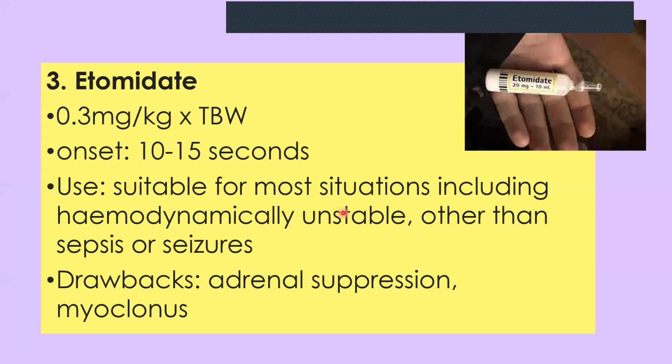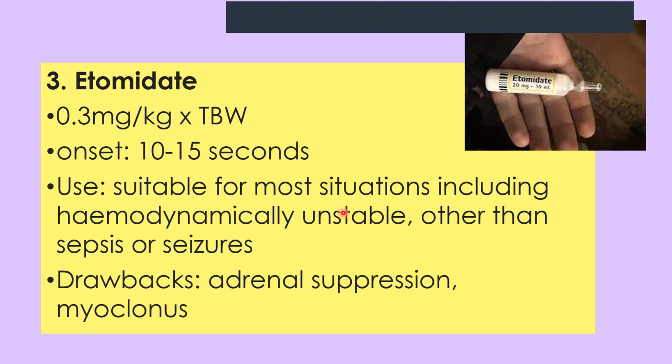You need etomidate for patients with cardiogenic shock. Sometimes in cardiogenic shock, if we give ketamine, it can cause more coronary vasospasm, causing MI and so on. So etomidate is one of the best induction agents for cardiogenic shock, and it's not the best for sepsis, hypovolemic or other kinds of shock.